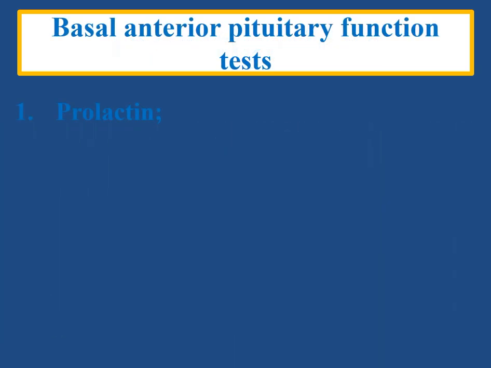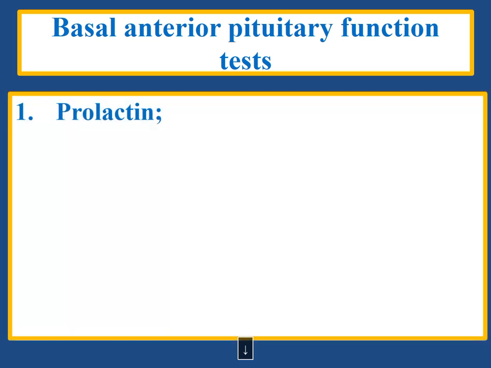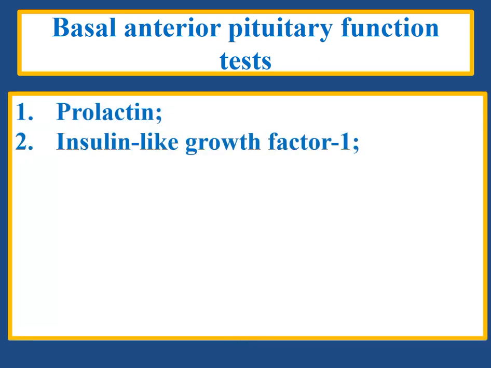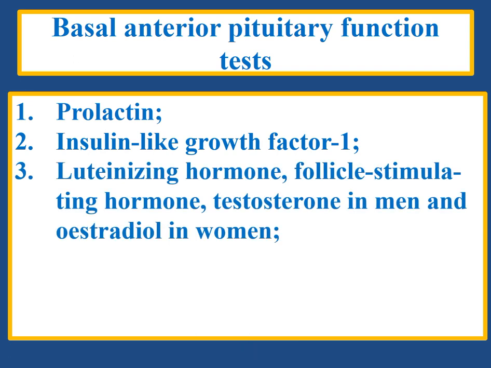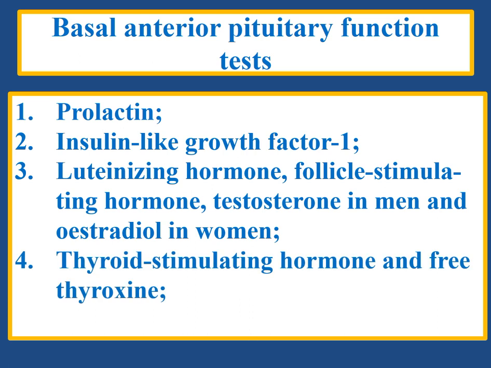Basal anterior pituitary function tests are prolactin, insulin-like growth factor 1, luteinizing hormone, follicle-stimulating hormone, testosterone in men, and estradiol in women, thyroid-stimulating hormone, and free thyroxine, and 8 AM cortisol.